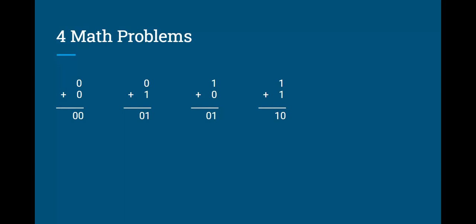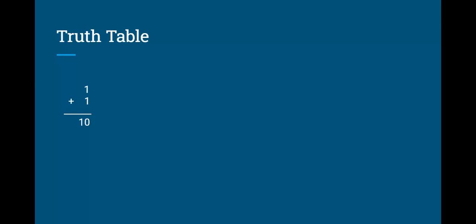So now that we have these 4 math problems set up, we want to be able to load all that information into a truth table. And so again, which of these things are we able to control? Which of them are inputs and which of them are outputs? Hopefully you recognize that the numbers that we put in are the inputs.